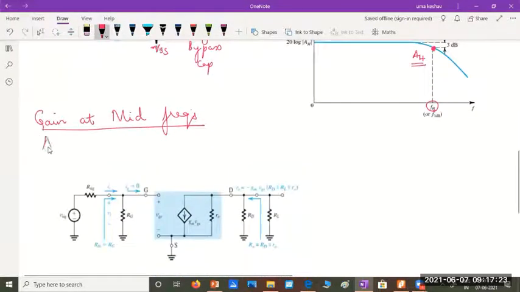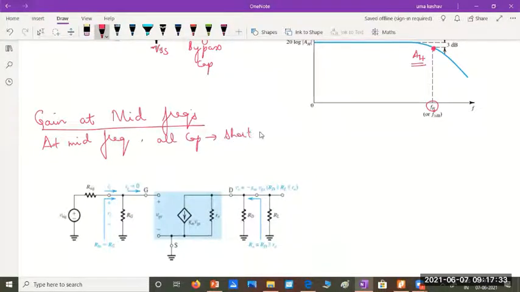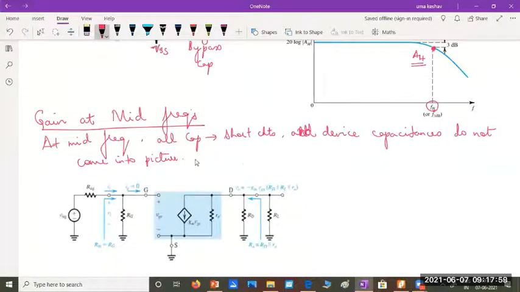At mid frequencies, all capacitors are considered as short circuits and device capacitances do not come into picture. They are so small that they need not be considered.